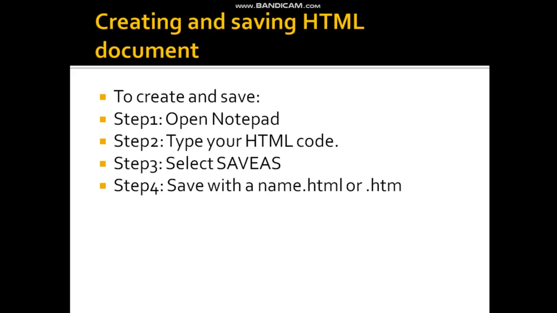Now the name can be anything, no problem, but there should be an extension of .html with it. For example, if your name is ABC, you will save abc.html, got it, or abc.htm, both will work. But if you say only ABC, that will not become an HTML document, that will not show as a web page. Clear? So this is very important. When you are saving a file, you have to save it as .html.